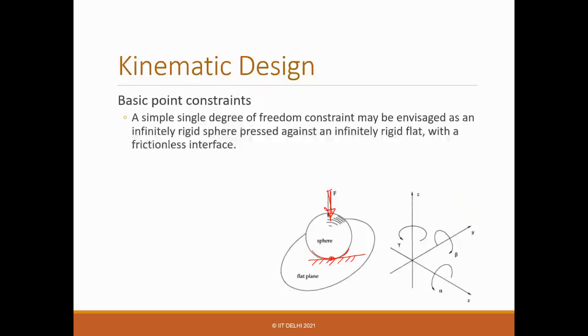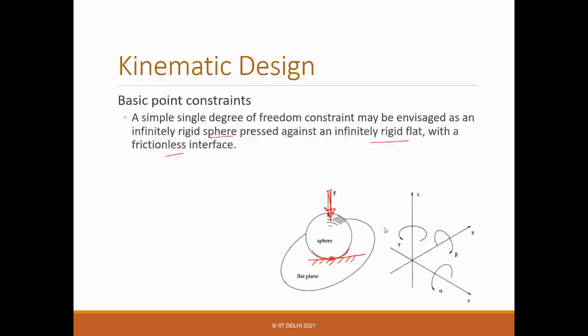So a simple single degree of freedom constraint may be envisaged as an infinitely rigid sphere, talking about rigid objects only, pressed against an infinitely rigid flat with a frictionless interface. Why frictionless? Because we are allowing sliding and all other movements. The assumption is that the contact is there all the time.